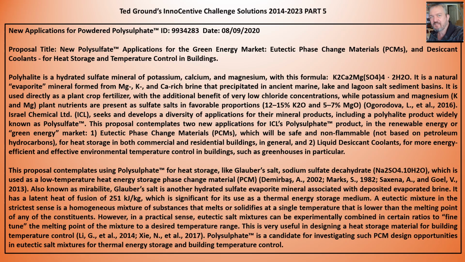It is used directly as a plant crop fertilizer. It's really rich in potassium, with the additional benefit of very low chloride concentrations. Potassium and magnesium are really good plant nutrients. They're present as sulfate salts in good proportions.